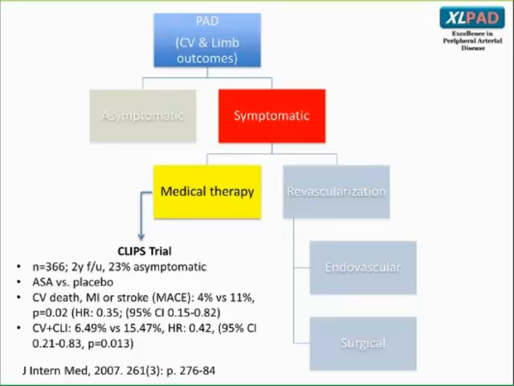However, as you can see, 6.49% versus 15.5% for aspirin versus placebo respectively, with a significant p-value, suggesting a lower number of secondary endpoint events, which were cardiovascular death and presentation with CLI. So this was one of the early studies that showed that predominantly symptomatic patients could benefit from some sort of antiplatelet therapy, which in this case was only aspirin.